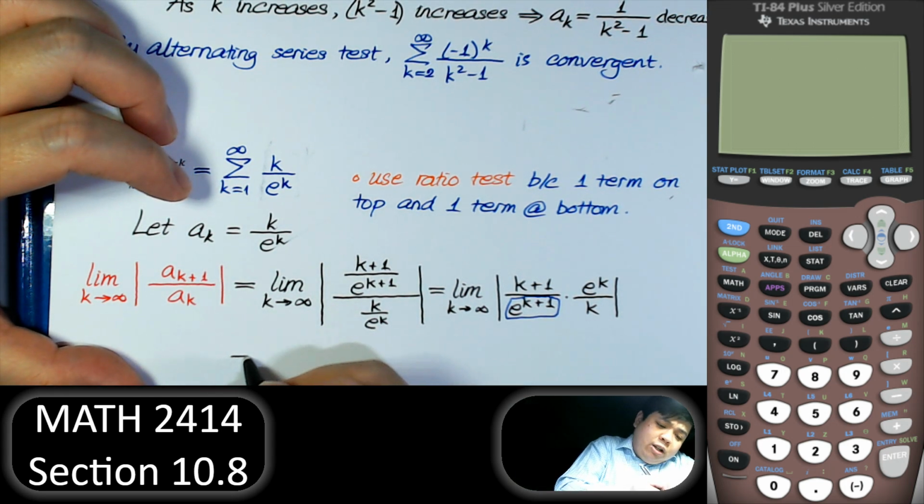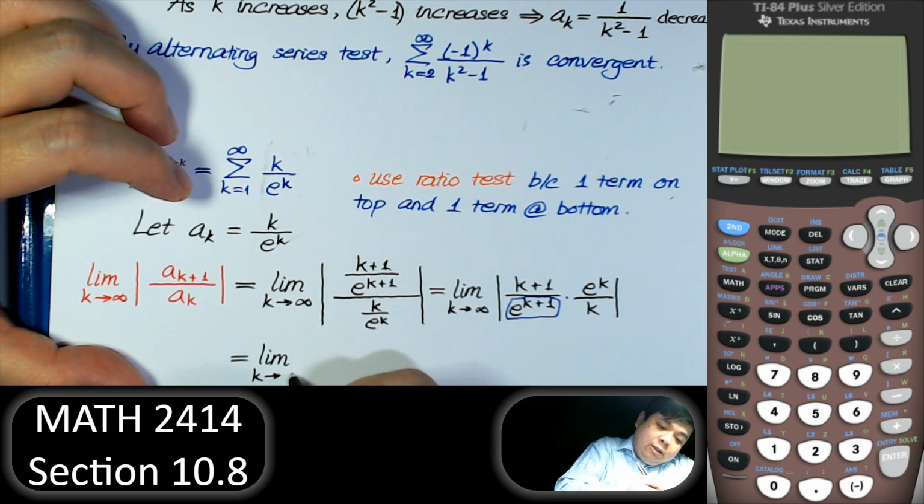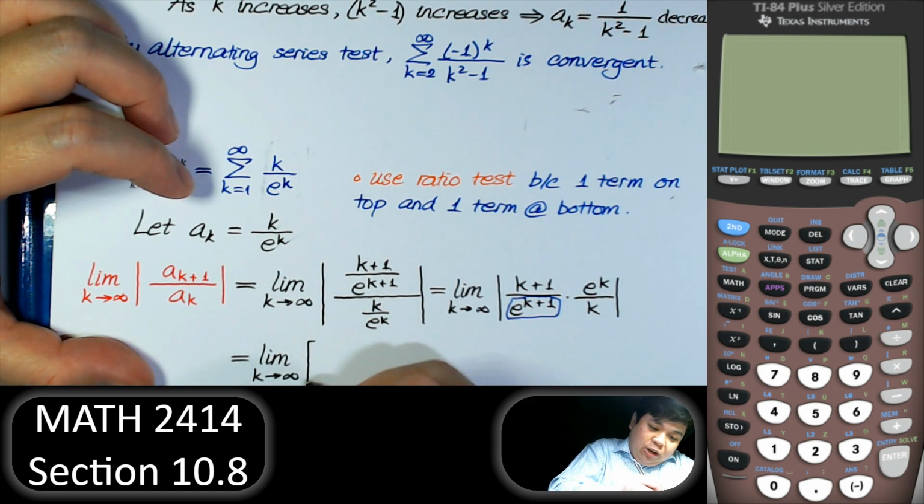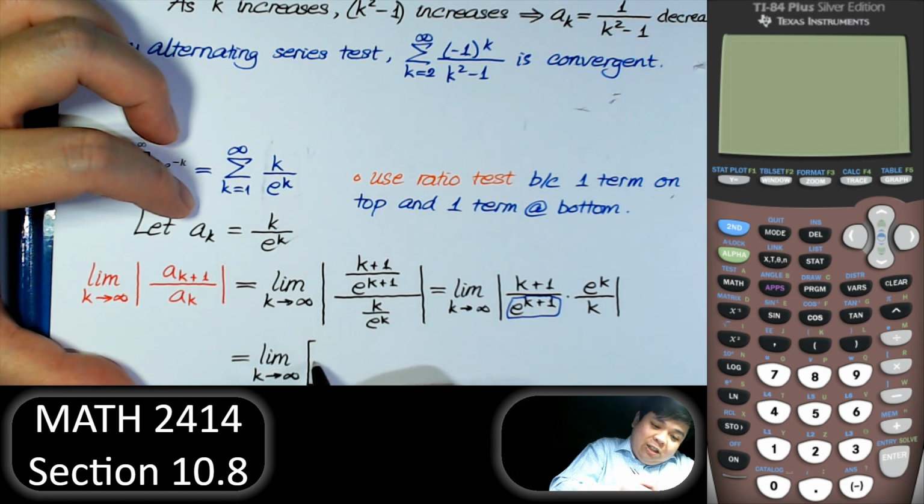By the way, since all of these are positive, we don't need the absolute values. Just use the brackets.